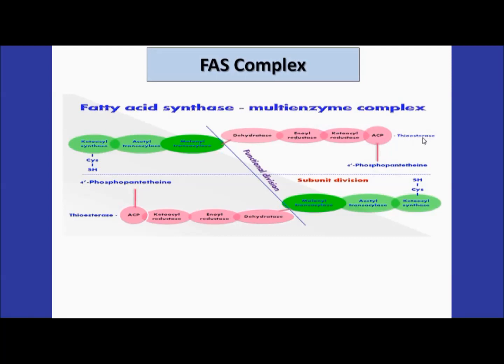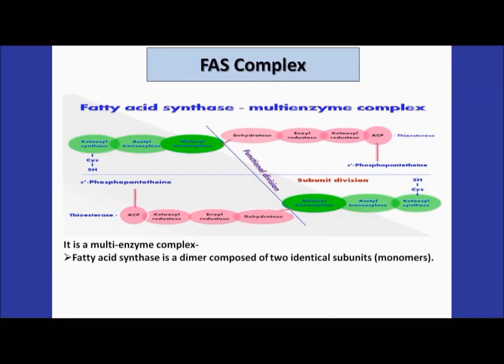And this is the thioesterase. Here there is a bond, the 4' phosphopantetheine, as we have already discussed. You can see this is one monomer unit, here is the second unit, and together, in a cluster, they form the FAS. So we come to know that it's a multi-enzyme complex.